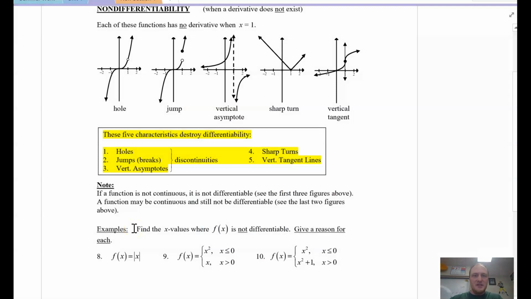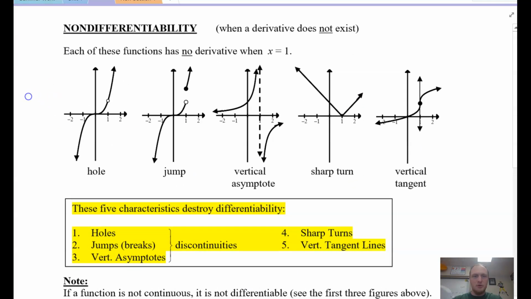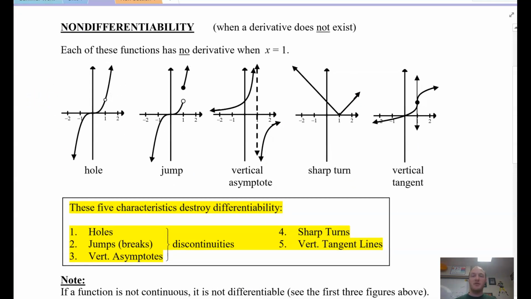It says non-differentiability, if my computer will respond. Okay, there we go. That is when a derivative does not exist, right? That makes sense, not differentiable. Here we have some visual examples, and all of these are not differentiable at the x value 1.